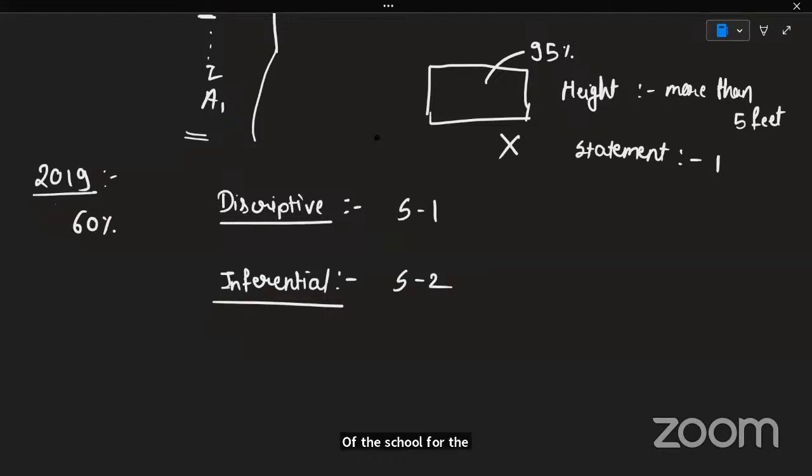That means 60% of the appeared students passed the board exam. And you got to know that in 2018 it was, let's say, 58%. Then now you are in 2024.